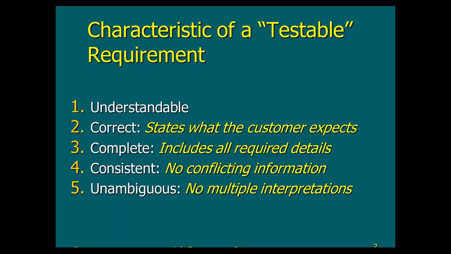Now, the correctness aspect is something else, because a lot of people ask, how do I know if the requirement or the user story is correct or not? You would not, because you basically have to rely on the knowledge and experience and the thoroughness of the person who wrote the requirement or the user story, if they made a mistake, if they expressed something that is not correct.